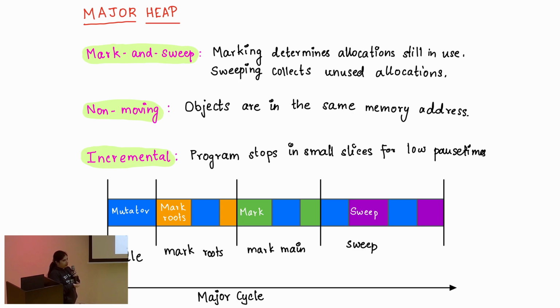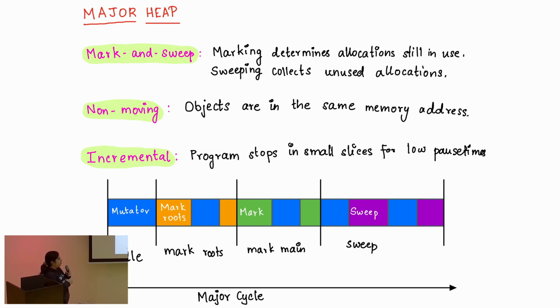I think OCaml is known to have a performant garbage collector and to give really nice latency values in the sequential version, and that was also retained in the parallel version. When we look at a major cycle, this is how it looks.